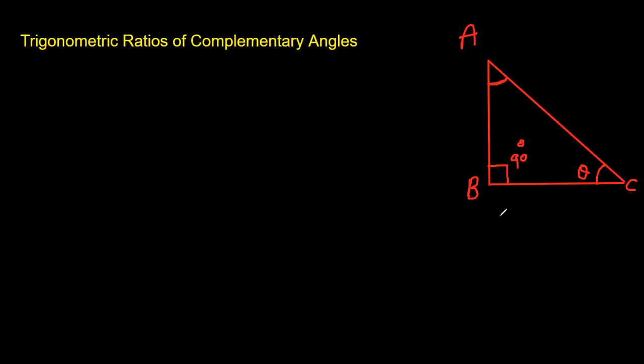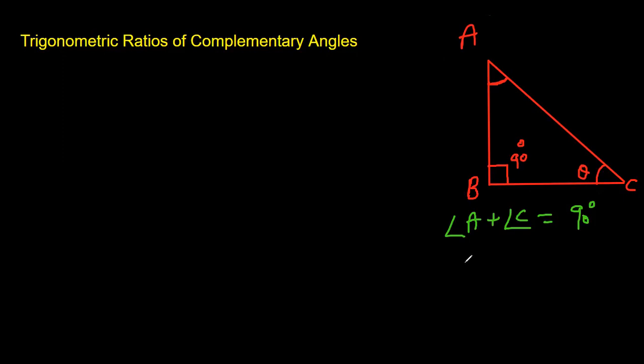We know the angle sum property of the triangle, that the sum of three angles is always equal to 180. If one of them is 90, that means the sum of the other two, A and C, is going to be 90 degrees also. So we can write here that angle A plus angle C will always be 90 degrees.